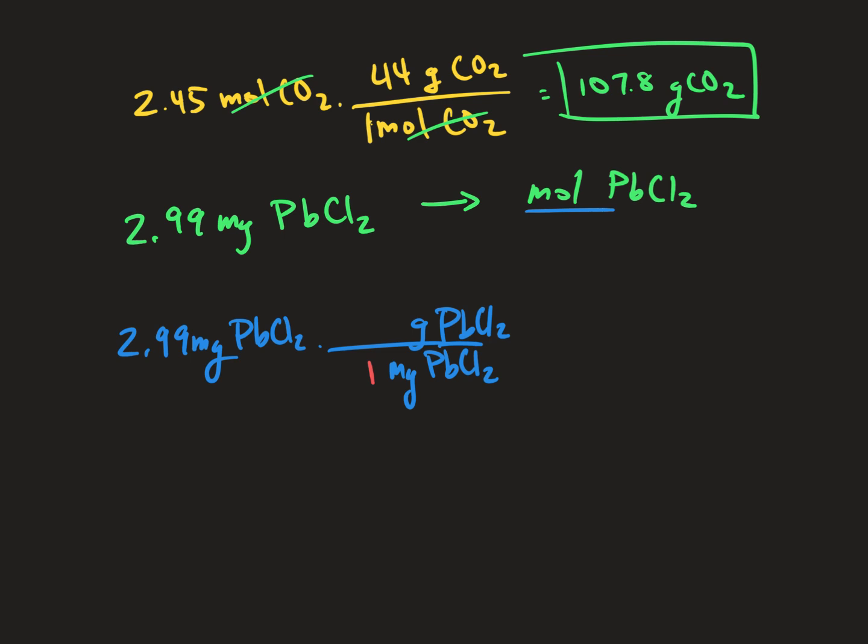Because, watch, 10 to the negative 3 means milli, right? What's on top is on bottom. It's the same. They both have grams. Or, if you know 10 to the negative 3 is equal to 1 over 10 to the positive 3, that's the same as 0.001.